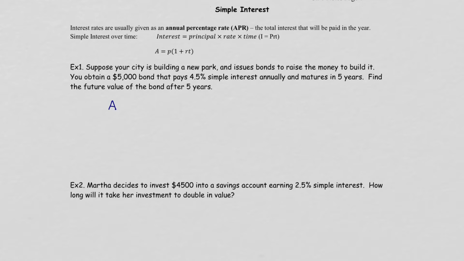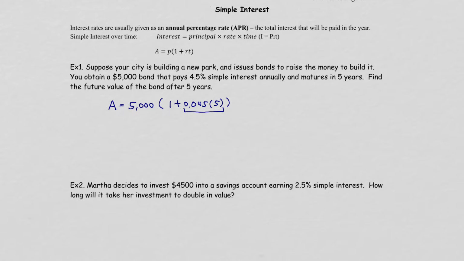So we're trying to find A, and the principal is 5,000. 1 plus your rate is 4.5%. When you change that to a decimal, it will be 0.045 times 5 because it's 5 years, right? You need to do the inside of the parenthesis, and you do multiplication before addition.